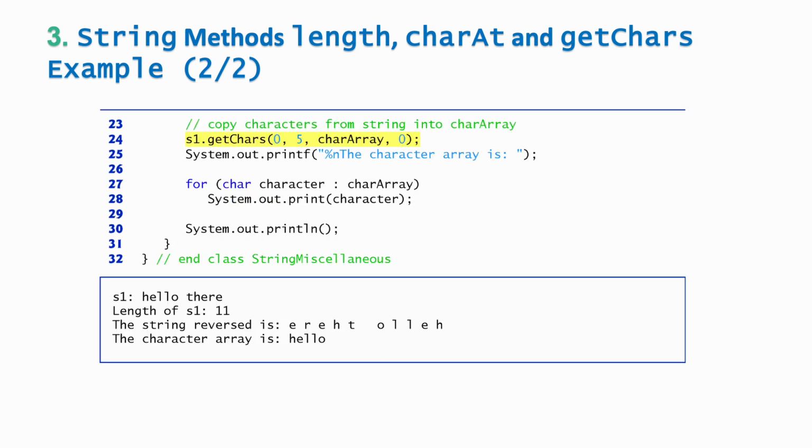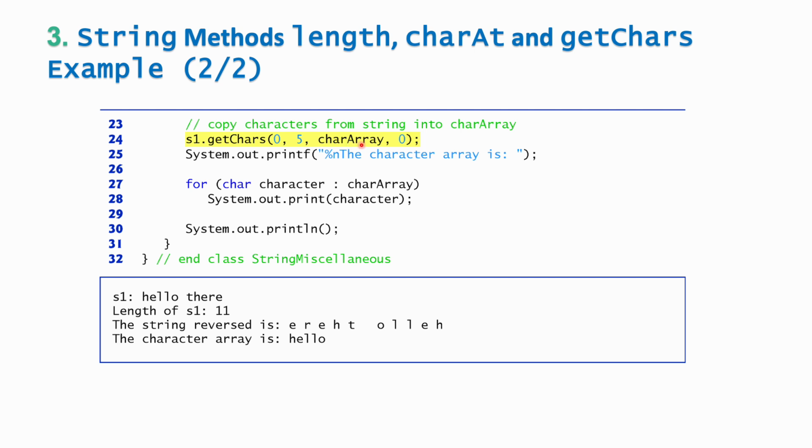In the second part of the main method, it calls method getChars on the string object S1, passing arguments 0, 5, charArray, 0. So this call will copy the first 5 characters, from index 0 to index 4, of string S1 into charArray, starting from the beginning of the char array.